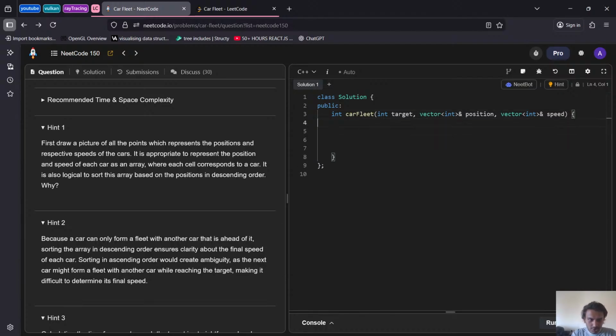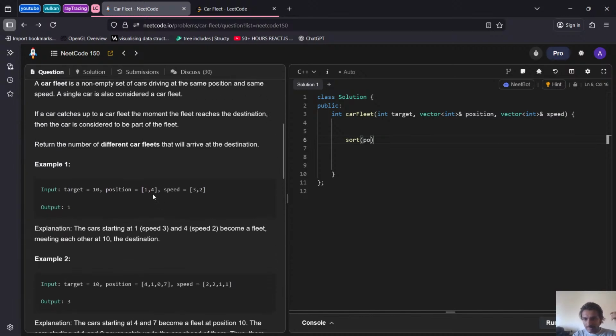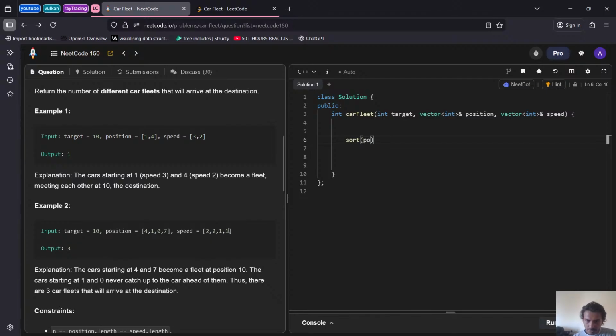Let's sort your position. Before sorting, we need to sort both of these. If we sort it in descending order, we don't know how to sort the speeds.